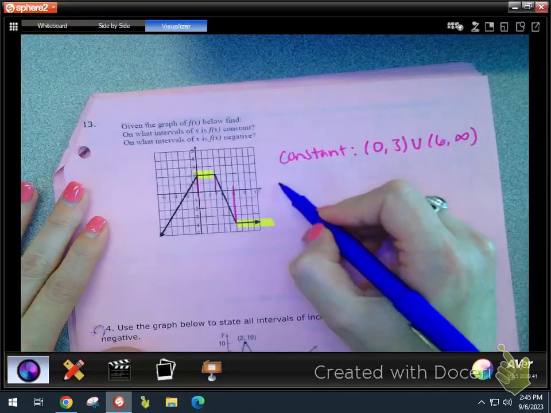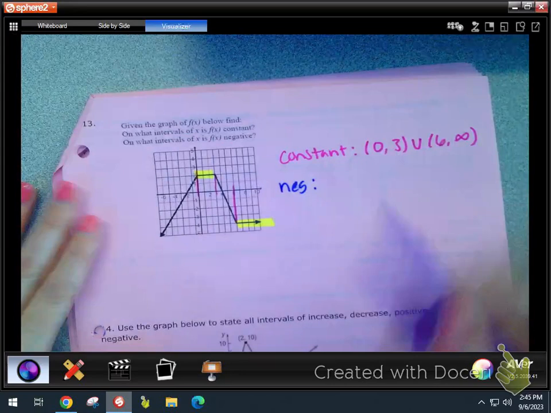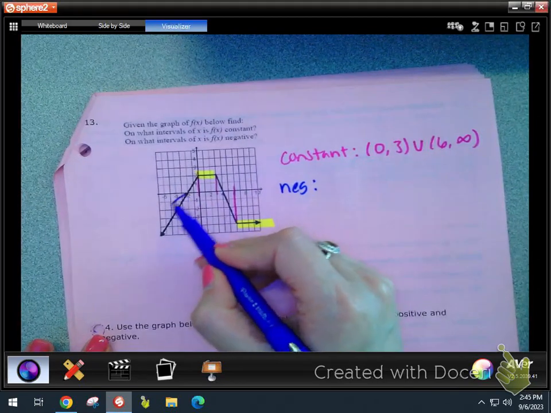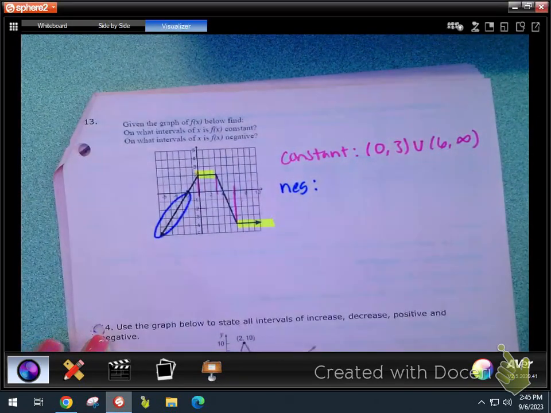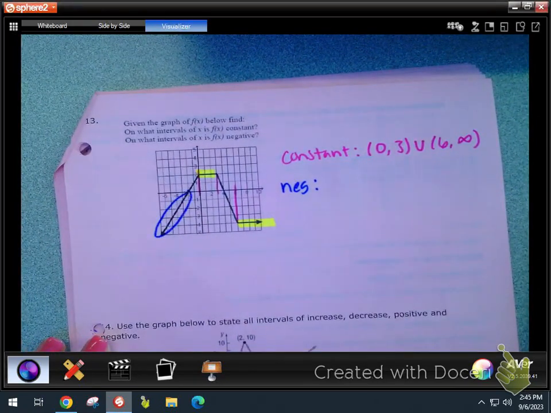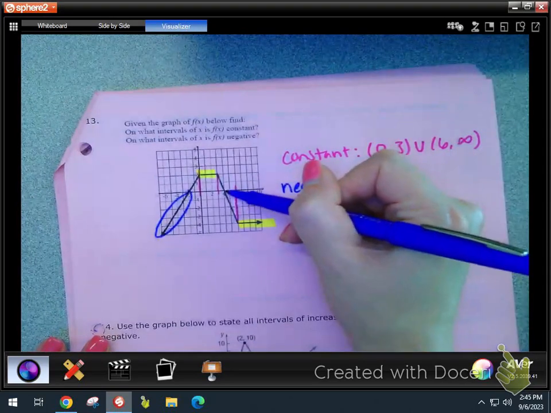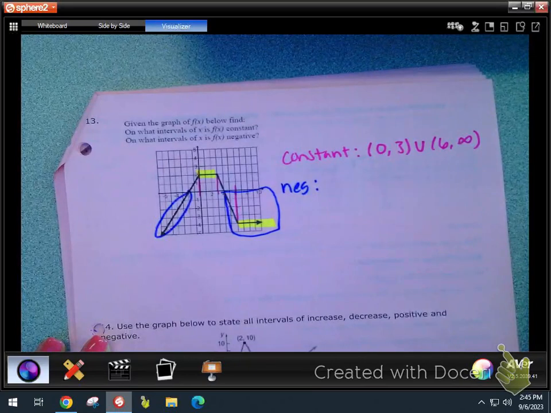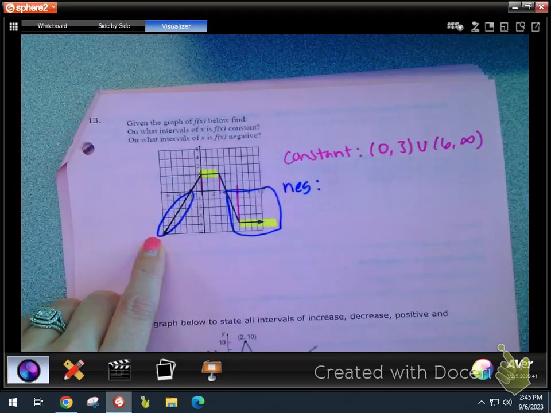Okay? The next thing it asks is negative. How many places is it negative? 2. This little piece is below the x-axis, and that guy is below the x-axis. So how do you write this one, left to right?